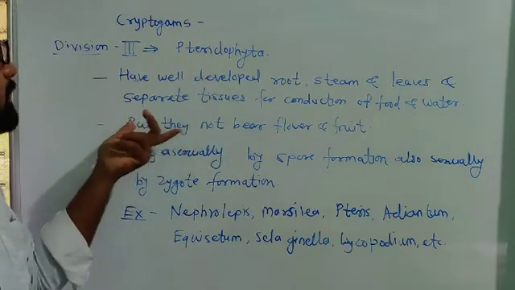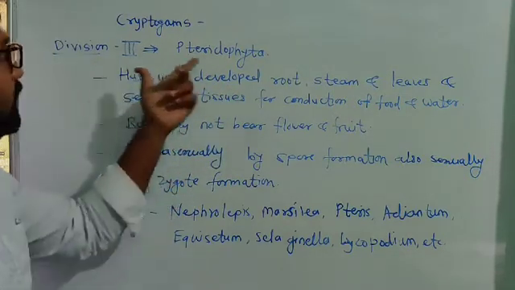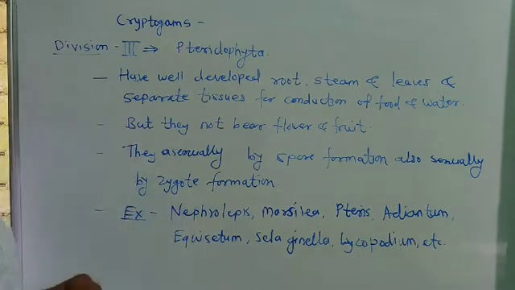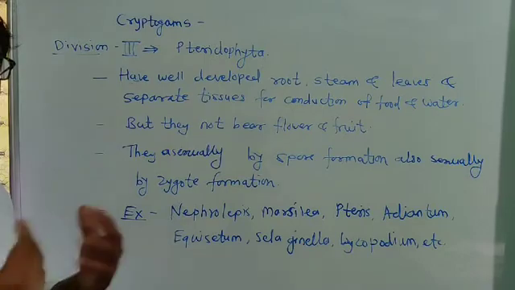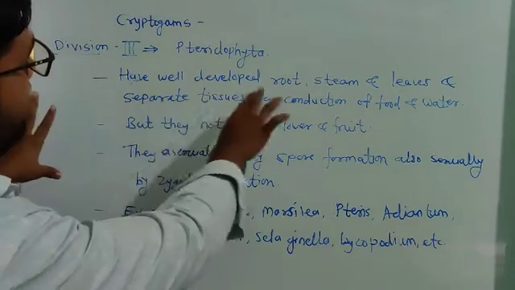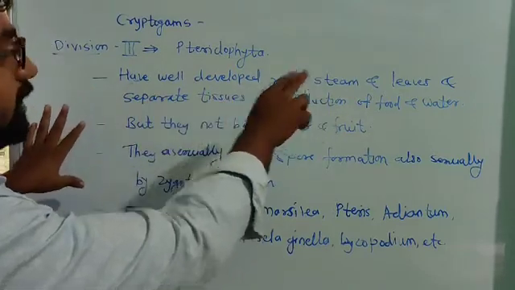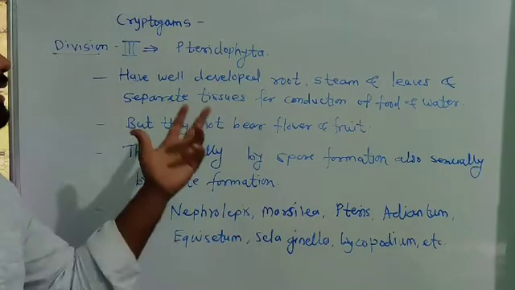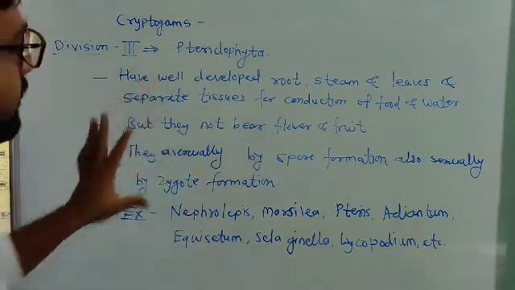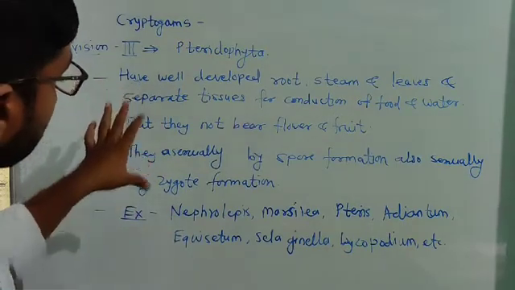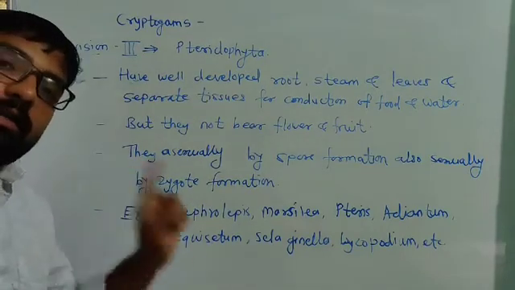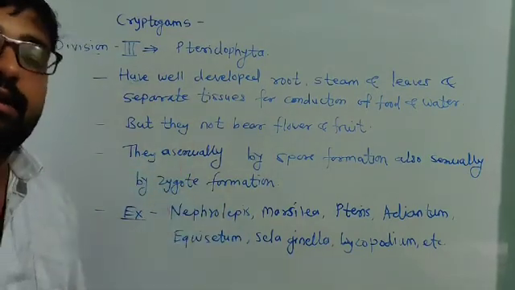We can say that the plants present under the division Pteridophyta are well developed as compared to the first two divisions, because there, organs and conducting tissue are absent, but here all well developed organs as well as conducting tissues for food and water are present. We saw today the characteristics of Thallophyta, Bryophyta and Pteridophyta.